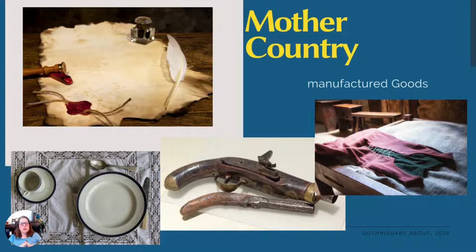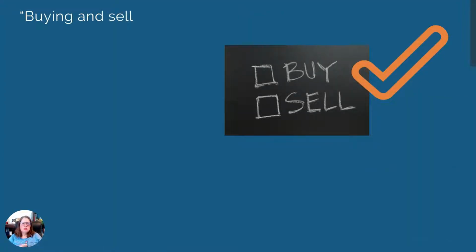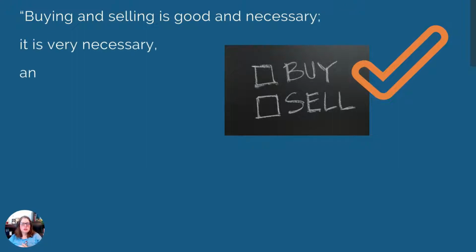And even over time, people still say, well, I want to buy my dress from this fashion shop, or I want my lace from this fashion shop. And it was supposedly higher quality, right? So we all understand that buying and selling is good and necessary, as I believe Adam Smith said this. He's a Scottish man.